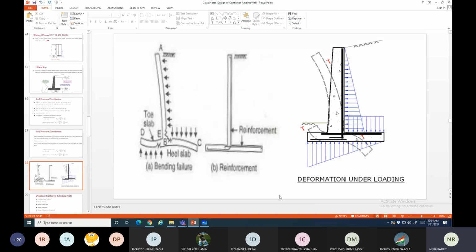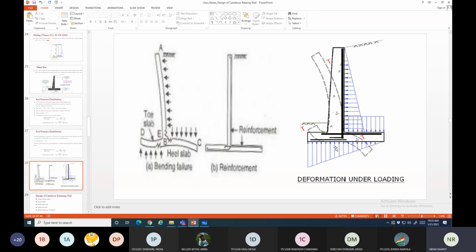Now this one is the deformation of each and every part of your cantilever retaining wall. See over here this figure. This is the cantilever retaining wall. This blue color triangle is active pressure. These blue color bottom arrows are your soil mass which is acting on the heel part.